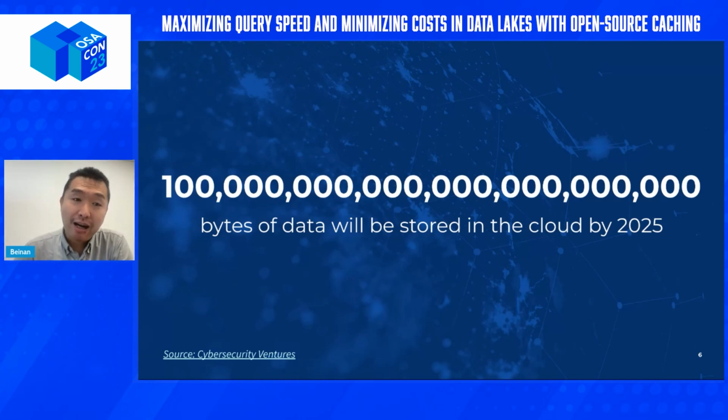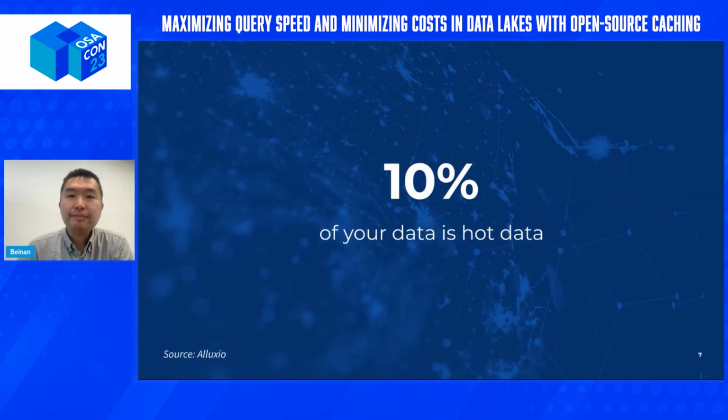This might be a hard problem for every data infra or data scientist engineer. So I think something we can improve is, here's the number we observed from most of our real users and customers: only 10% of the data is hot data.